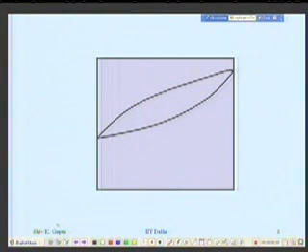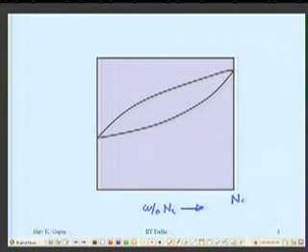Alright, here let me show you a diagram. This is the composition axis, weight percent of, let us say, nickel. This is 100% nickel, and this is 100% copper. That's the temperature.